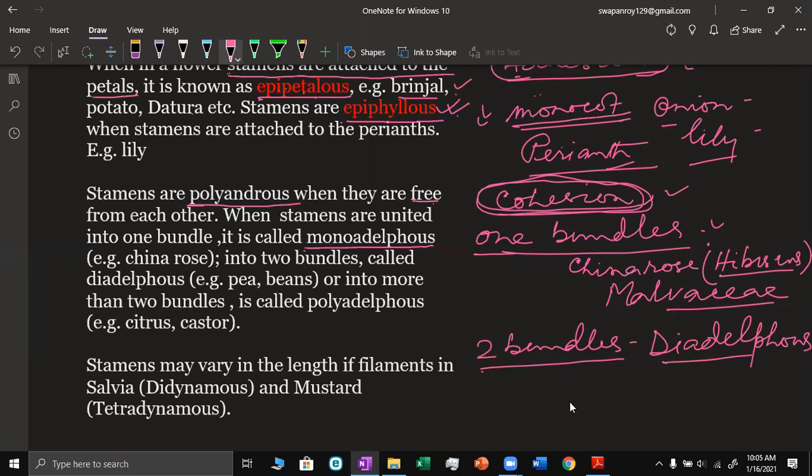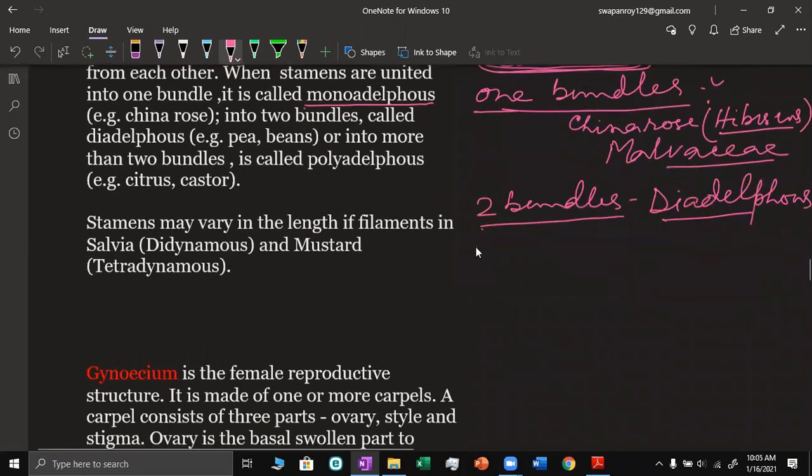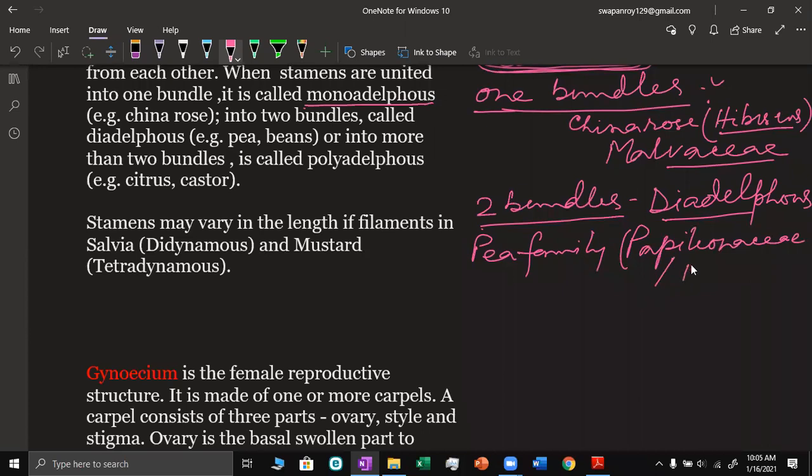Diadelphus. In the Diadelphus condition, this is present in the P family, that is in Papilionaceae, or it is also known as Fabaceae.